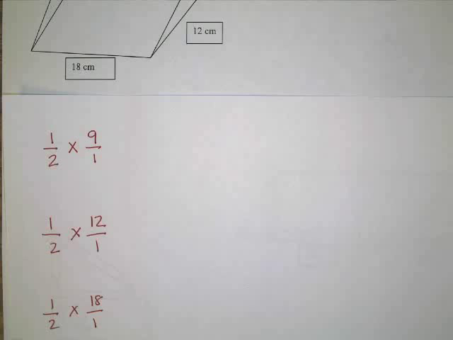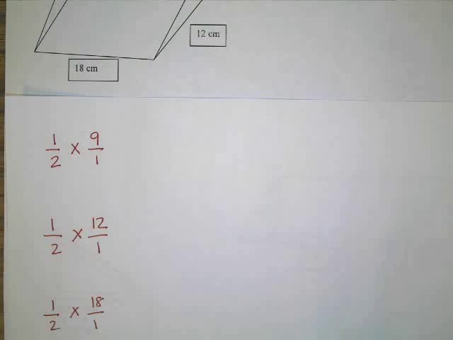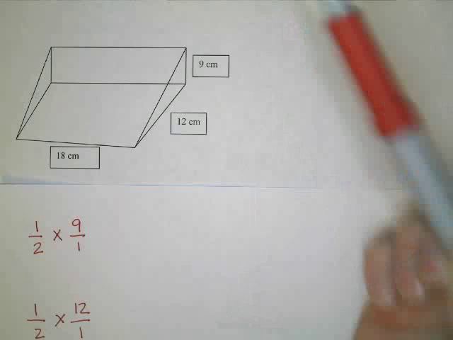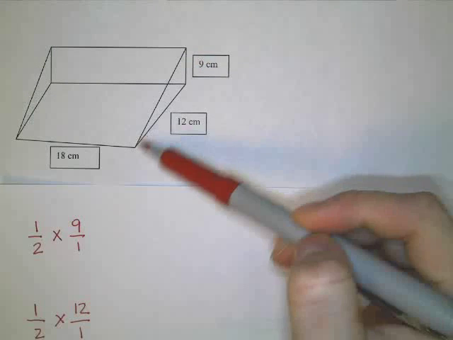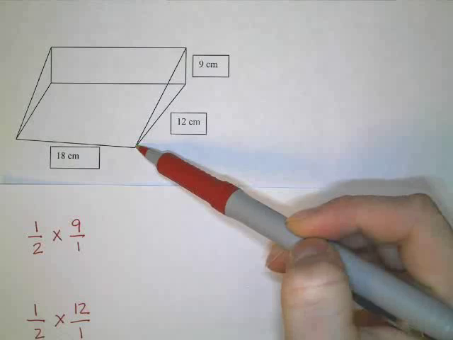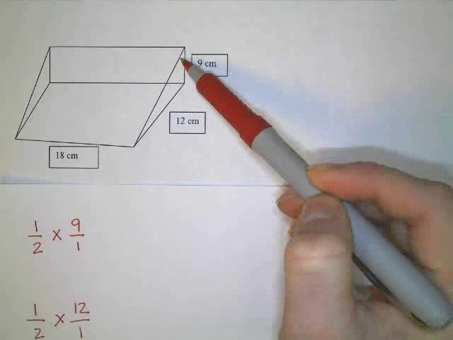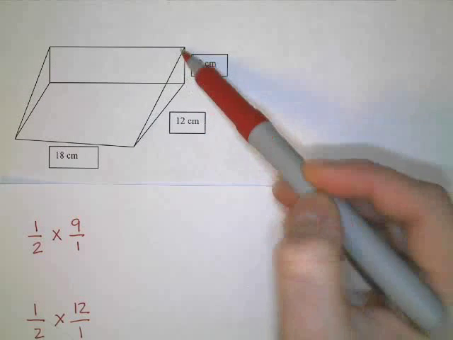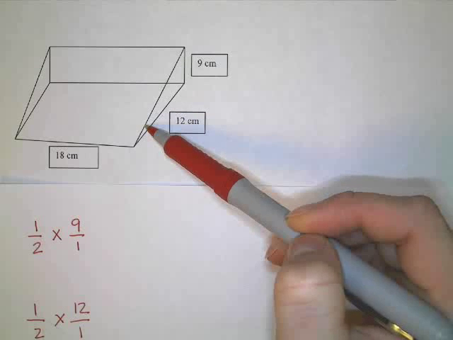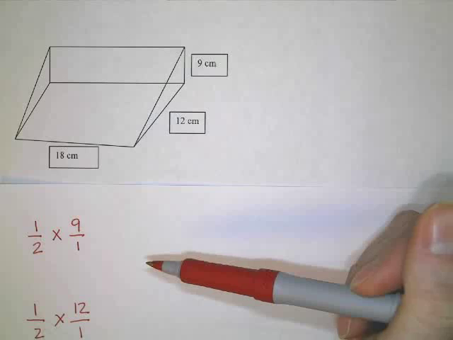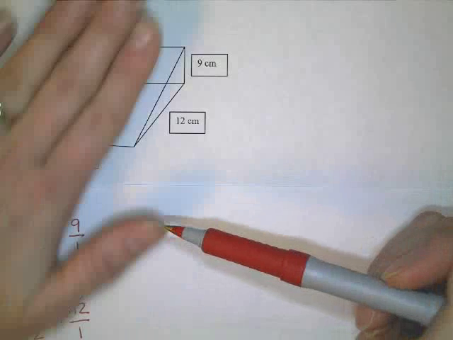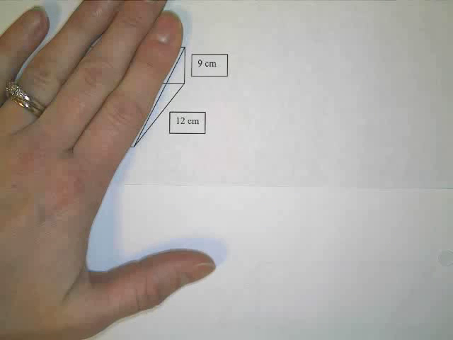9, 12, or 18? Okay, so what they want, my 18ers, what they want is the base of your triangle. This right here is the base. They want the area of this. Does that make sense? No, because all I see are 3 numbers that need multiplied together in that one. Okay, this is the triangle. They want the area of the triangle.